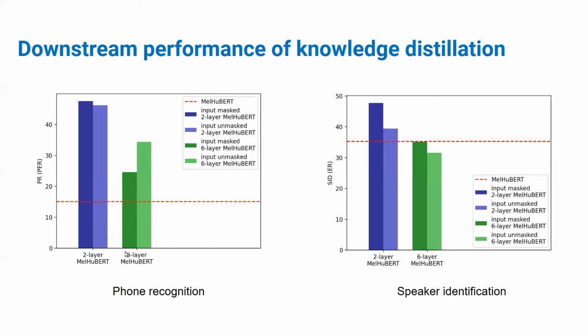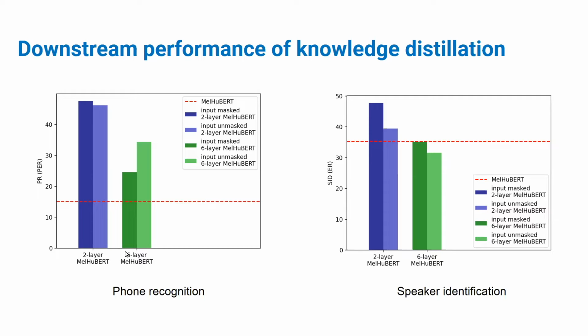This slide shows the downstream performance of knowledge distillation. The blue bars are the 2-layer student models, and the green bars are the 6-layer student models. A darker color means we use masking during knowledge distillation, while a lighter color means we do not apply masking. It is clear that the 6-layer models perform better than the 2-layer ones.